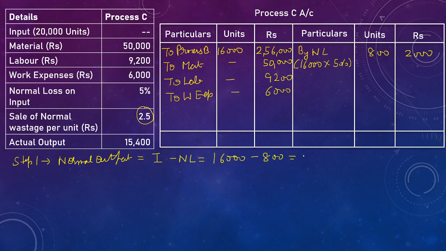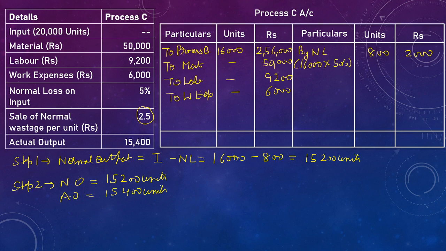So our normal output here is 15,200 units. Now in second step, we have to compare normal output with actual output. Here the normal output is 15,200 units and the actual output which is given in question is 15,400 units, which is more than normal output.